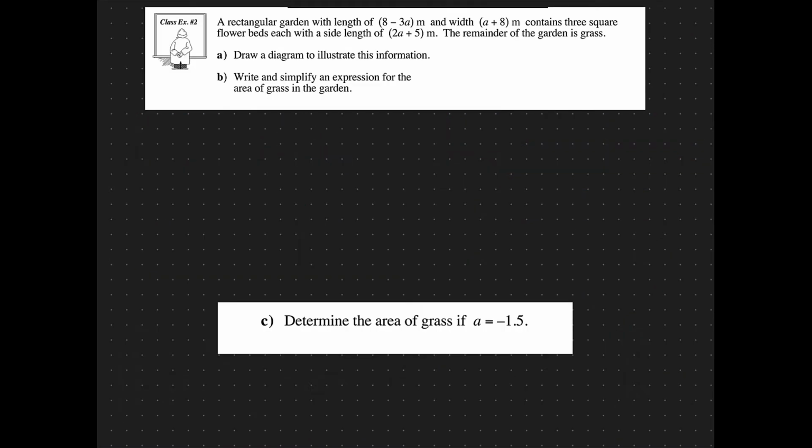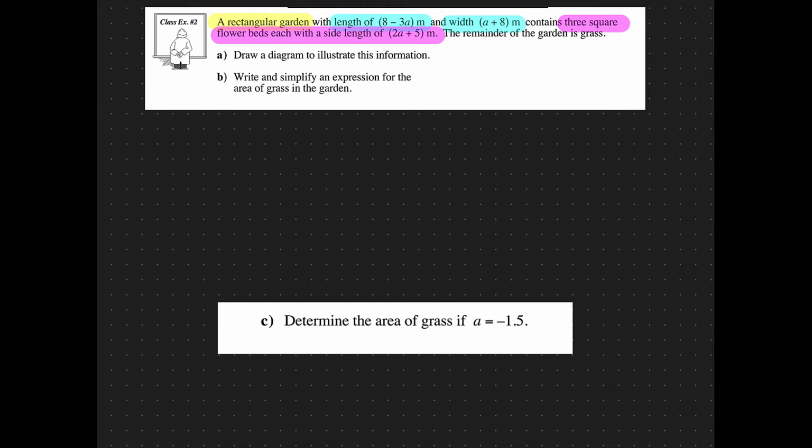All right, let's take a look at class example number 2. And what does it say? We got a rectangular garden, so that's noteworthy right there. It's got a length that is 8 minus 3a, and the m at the end there are the units, so it's meters, and a width of a plus 8 meters, and inside there are 3 square flower beds, each with a side length of 2a plus 5 meters.